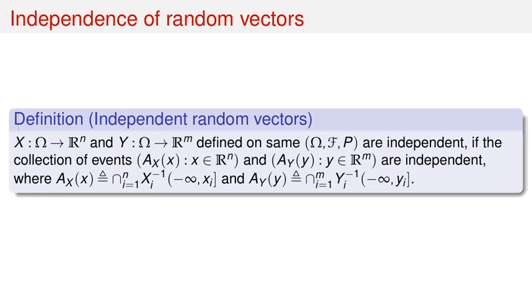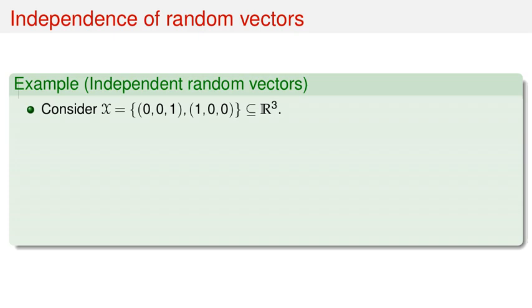Here A_X(x) is the joint event for X and A_Y(y) is the joint event for Y. Essentially, any event defined by X is independent of any event defined by Y.